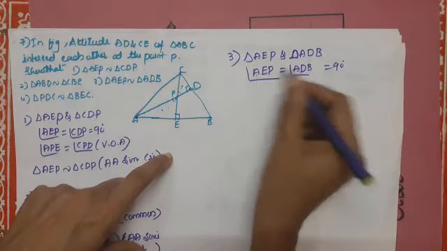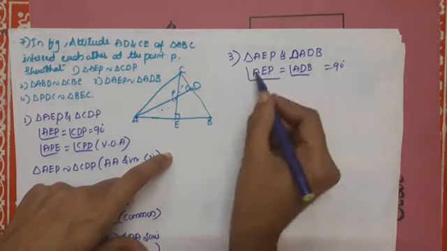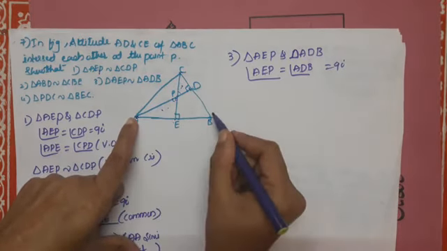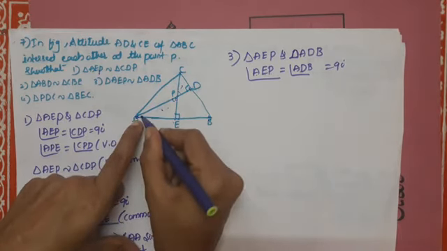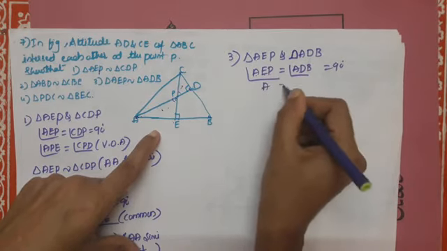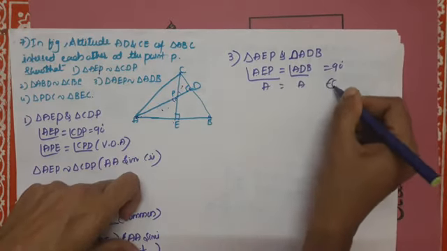In these two triangles, AEP and ADB, angle A is common. So angle DAB and angle EAP are common angles.